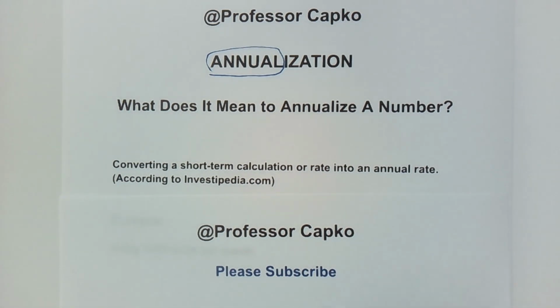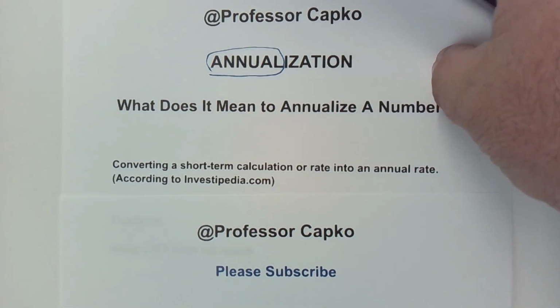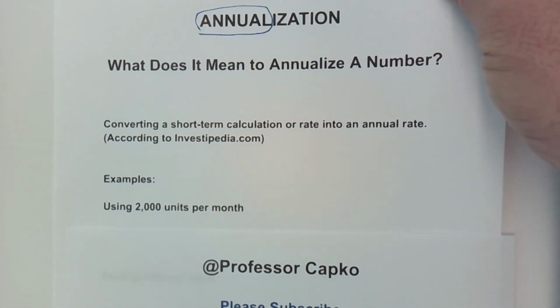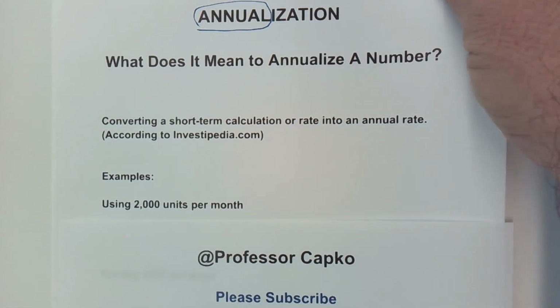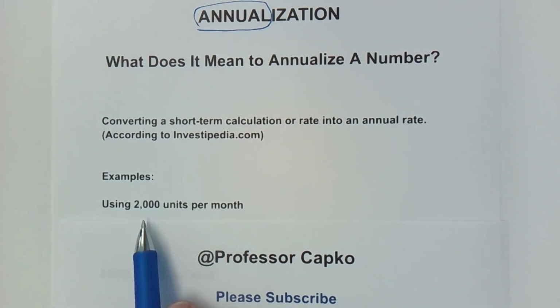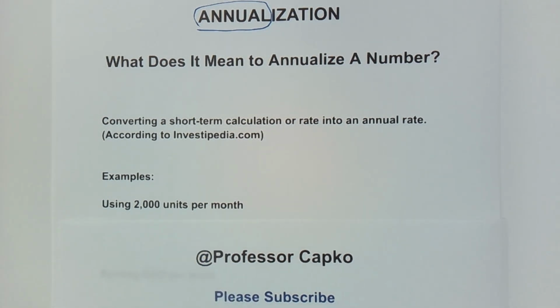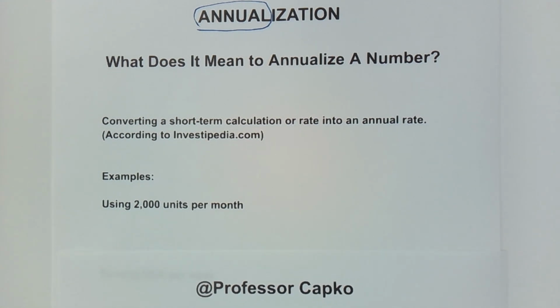You might be thinking, Professor Capko, that doesn't make any sense to me, or I'm not sure what that means. That's okay. I'm going to give you some examples, and that's the best way to present this. So let's look at an example where we have some process that has been using 2,000 units per month, and you're asked to annualize that.